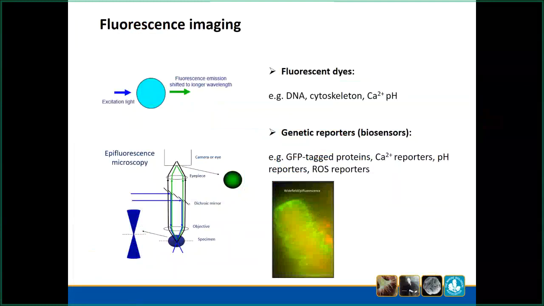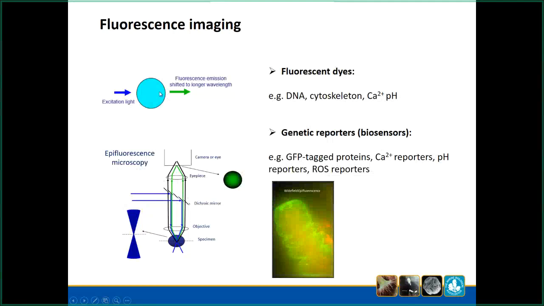Okay, so much of my talk is going to concern fluorescence imaging, or optical fluorescence imaging. And we consider fluorescence to be the absorption of light through an excitation beam and the emission of light at a longer wavelength. So if we have a fluorescent molecule or a fluorescent substance, we can shine, for example, blue light on it.